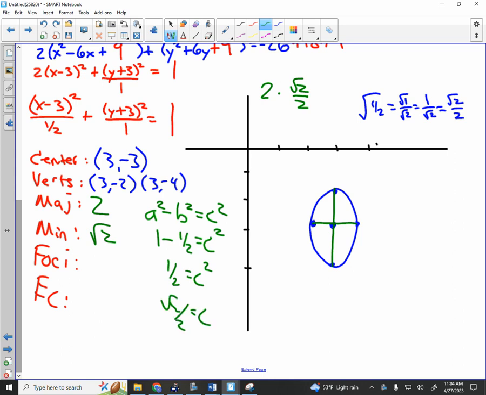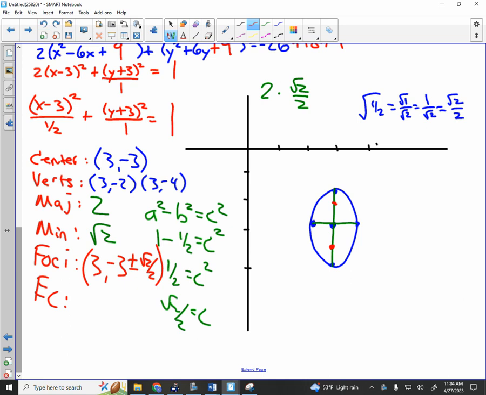So that means whatever distance I went in the x direction, that's the distance I go in the y direction, which is interesting because if you look at those, that would make a perfect circle if you did that. It's kind of interesting. You don't have to use that. But so the foci, our x values stay the same. We're sitting at 3. But then from the center of negative 3, I go up and down the root of 2 over 2.